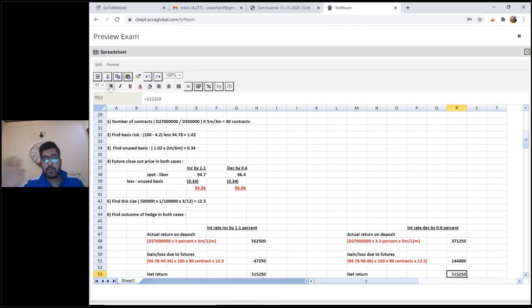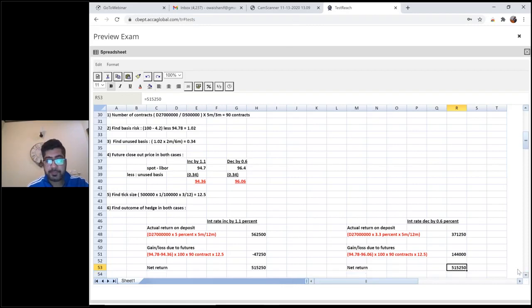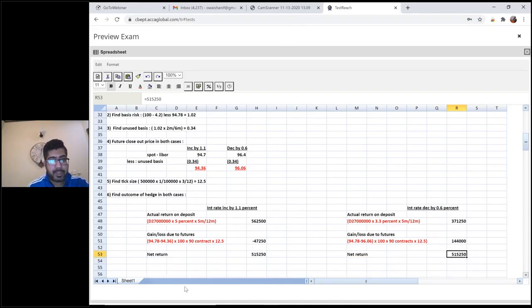The proof that your working is correct: both options, increase and decrease of FRA must be the same, and both options, increase and decrease of futures must be the same. Once you have done this, you just need to find the effective interest rate as follows.